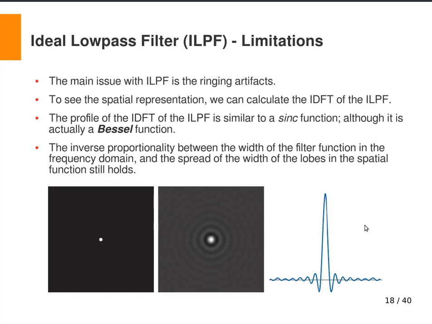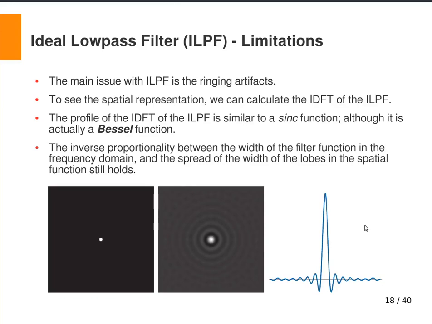To be more accurate, and we don't derive the equation here, the profile of the inverse discrete Fourier transform of the ideal low-pass filter is similar to a sinc function. To be more accurate, it's actually a Bessel function, whose derivation is out of the scope of this course.